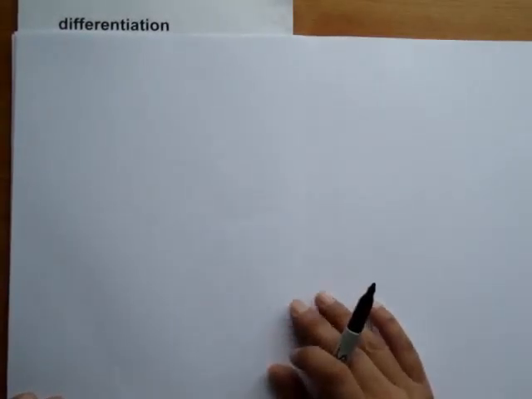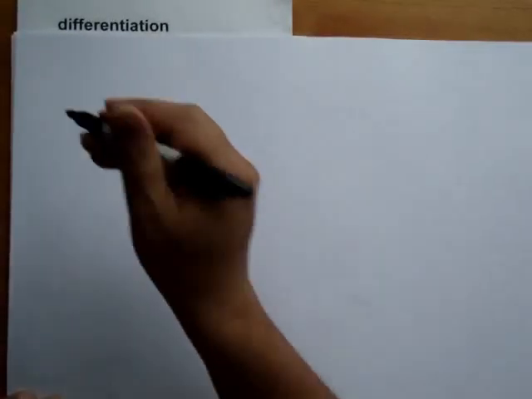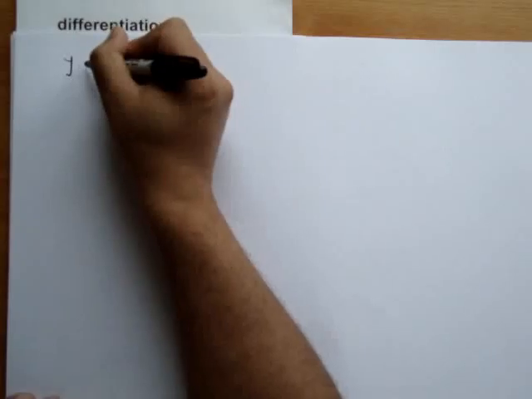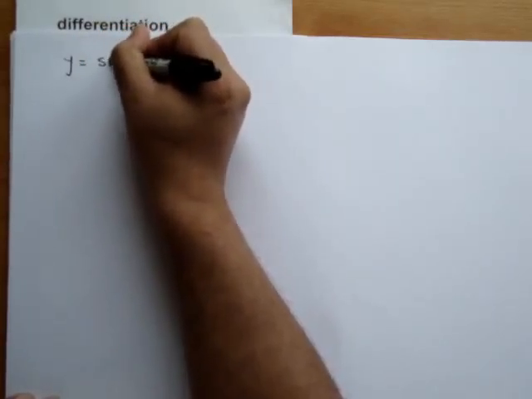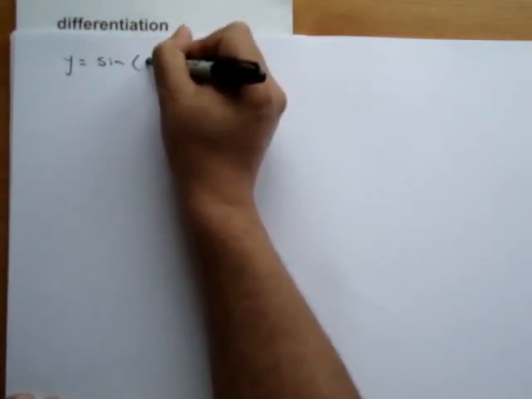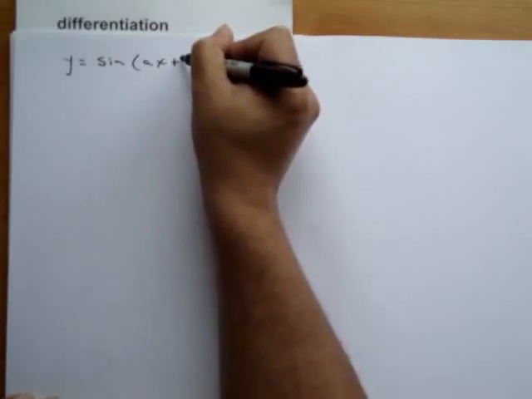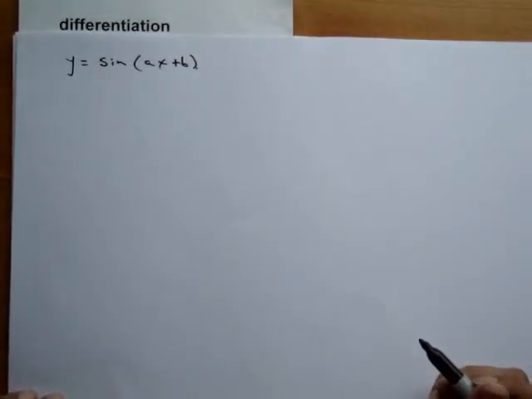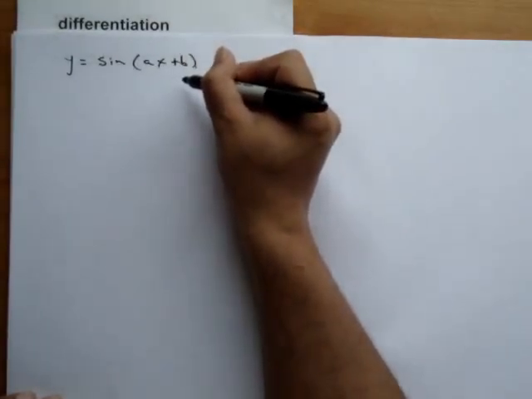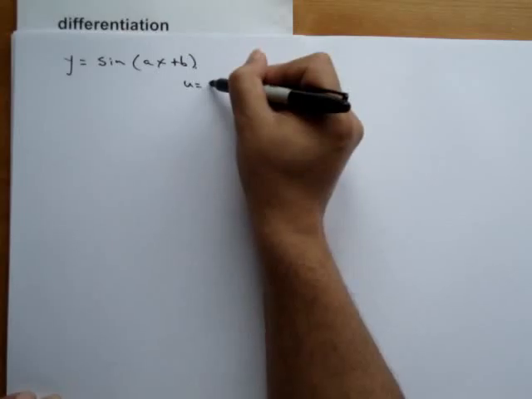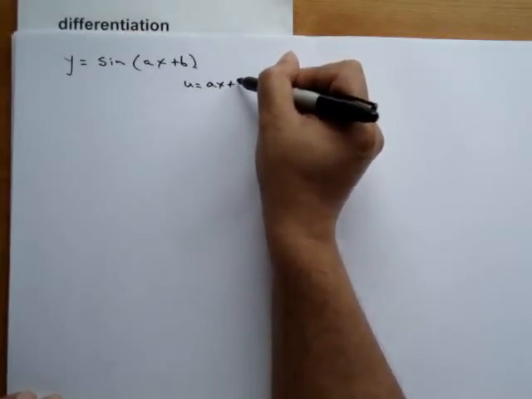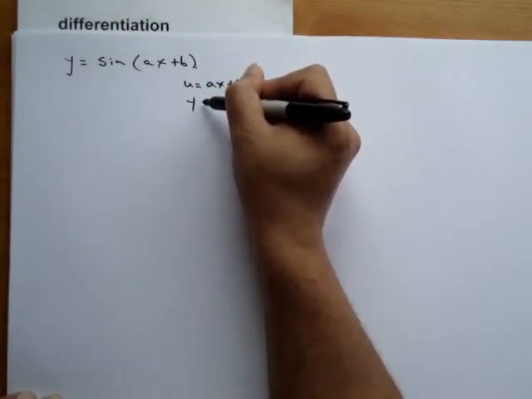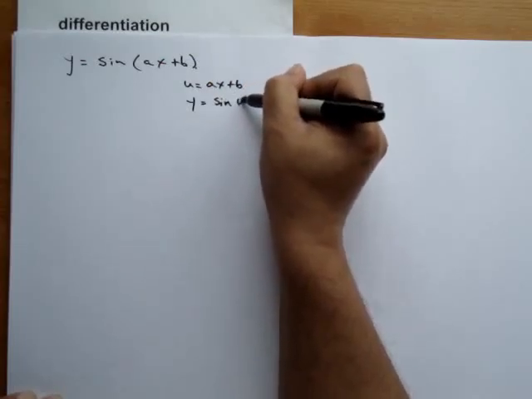A couple of important rules when differentiating trig functions. If we have y equals sine ax plus b, and then we want to differentiate that using our chain rule, we let u equal ax plus b and y equals sine u.